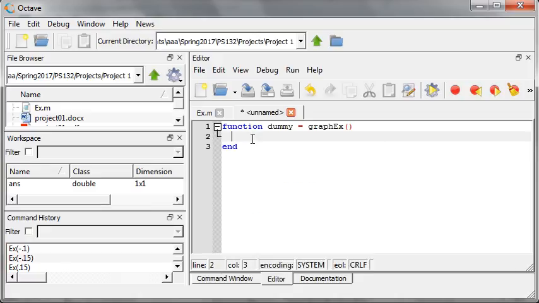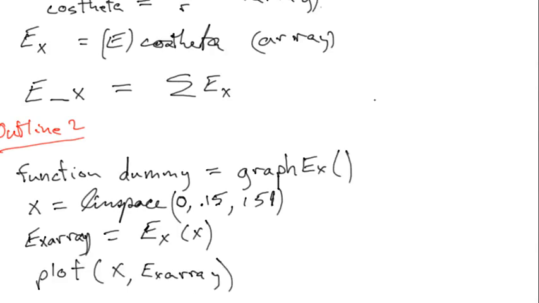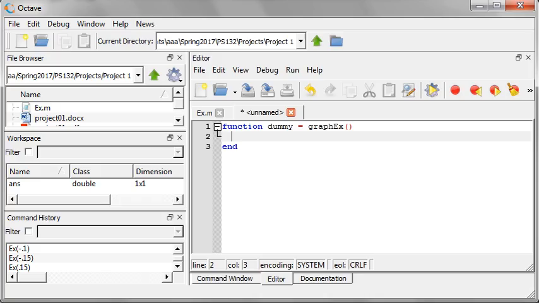Alright, so let's see what I had in mind when it was doing the pencil and paper part. So exactly that, and then I said make a bunch of x values. So I'm using linspace, another built-in function, which gives you evenly spaced values from the starting point to the ending point, and this tells you how many values. So it did the same thing as what it did in the other function.